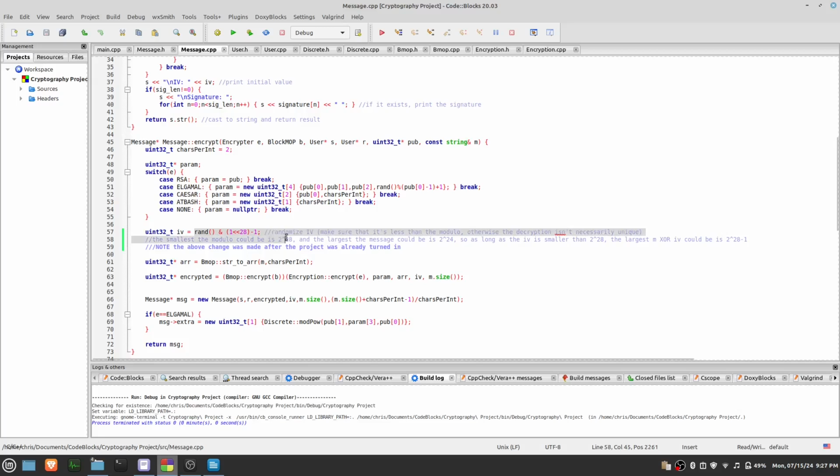And this is where it's probably a good time to mention, this is something that I modified after I'd already turned in the project, because there was this rare bug where occasionally you'd send a message, and then when it gets decrypted, the first two characters in it were completely messed up. And for the longest time, I didn't know why that was the case, but it was very rare and very subtle to pick up on.